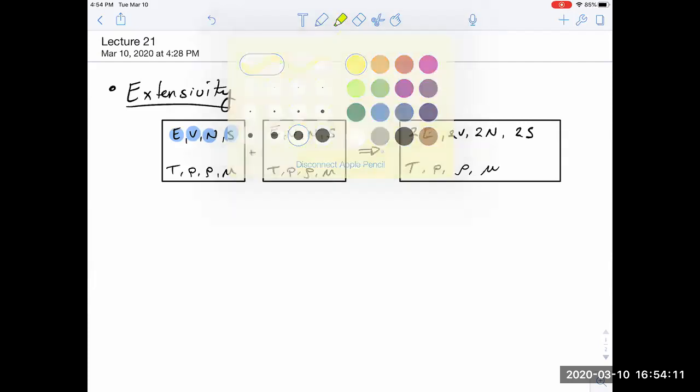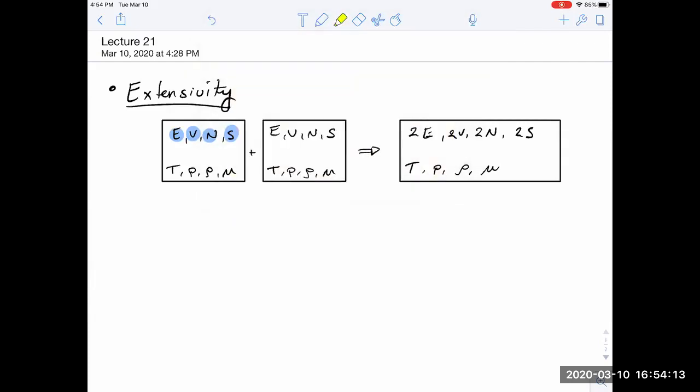Those are extensive variables, and what that means is that if I take two identical copies of a system, shown here in these two boxes, and put them together, I get a new system where those extensive properties, energy, volume, number of particles, entropy, have all doubled.